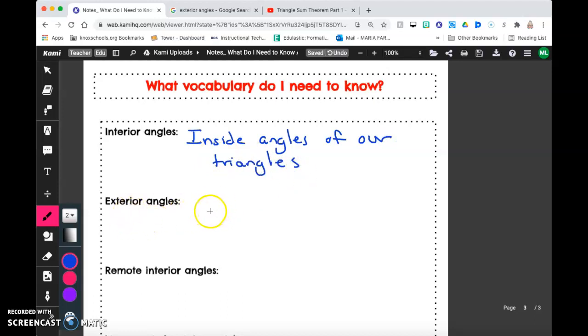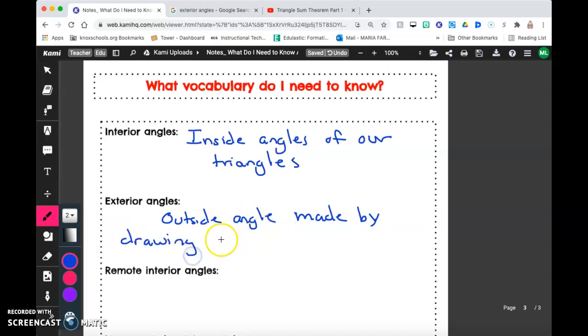When we're talking about exterior angles, we're talking about an outside angle made by drawing a line past an existing interior angle.